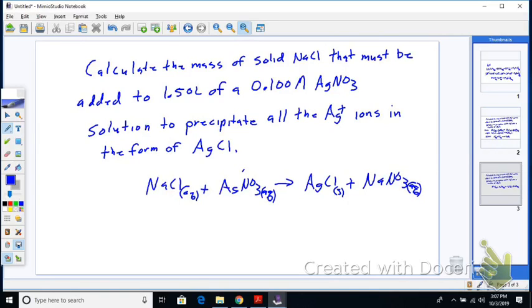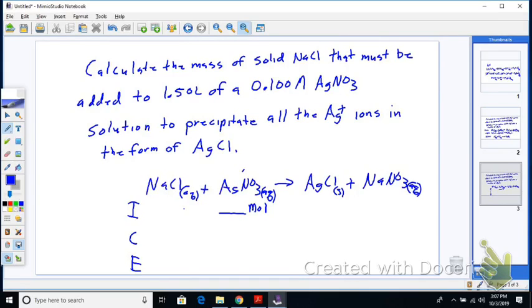Okay. So you guys remember the ICE? The initial, the change, and the ending amounts. So you guys have already done these problems. What we need to do is find the moles of AgNO3.